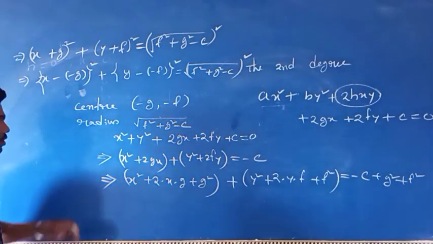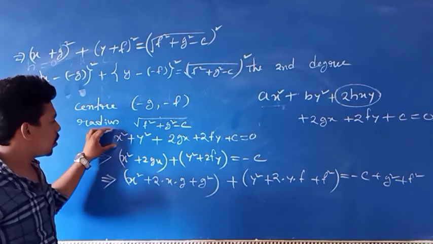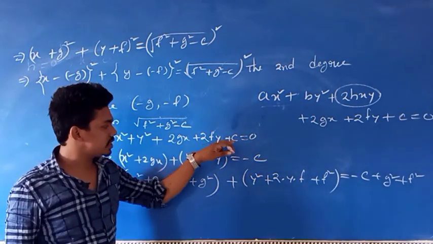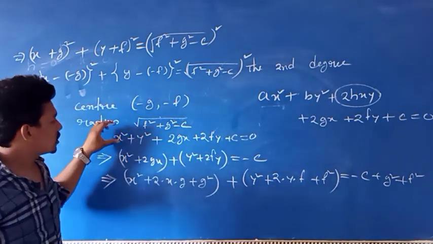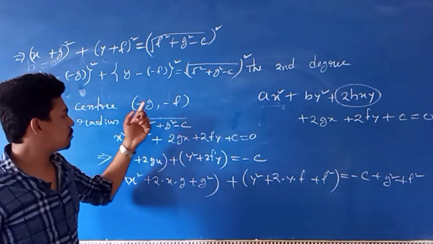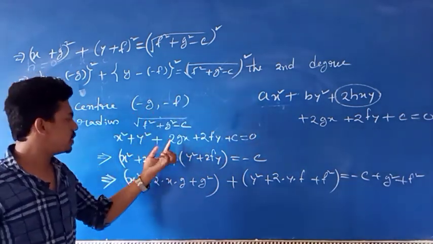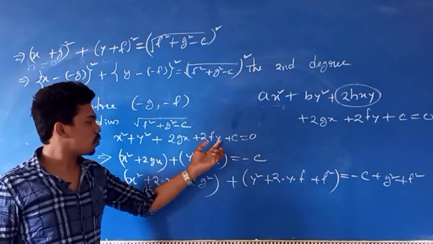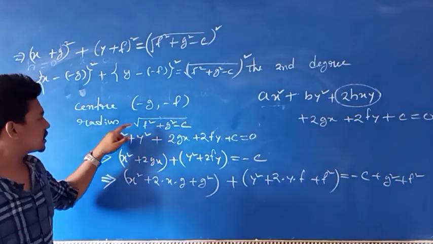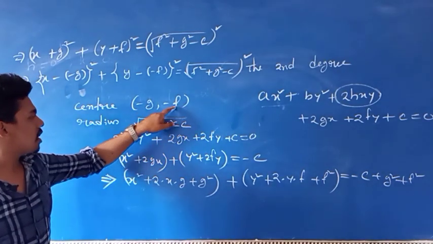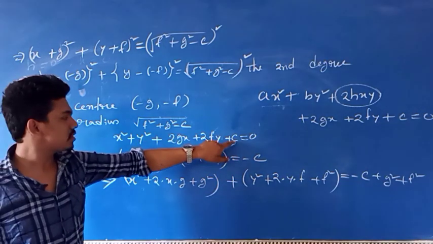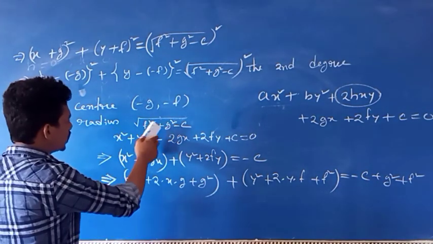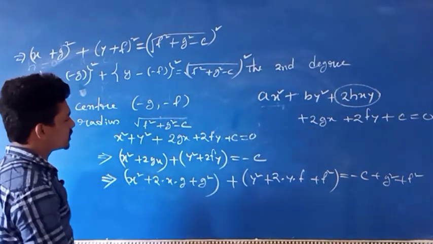So the general equation of a circle is of the form x square plus y square plus 2gx plus 2fy plus c equal to 0, and the center of this circle is (minus g, minus f), that means minus the coefficient of twice x and minus the coefficient of twice y, and the radius is root over g square plus f square minus c.